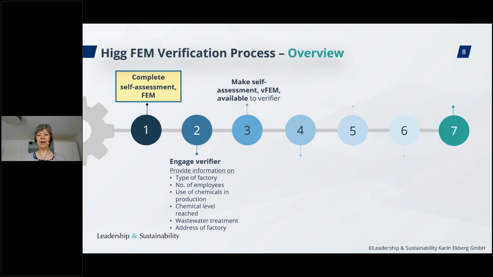The final date to buy, especially the VFEM, but also the FEM, is the last day of October this year. So don't consider verifying in November or December, and don't buy the VFEM after that. You need to have the VFEM available before the end of October. Every year we have some factories who have forgotten this, and therefore I'm calling it out especially for you.